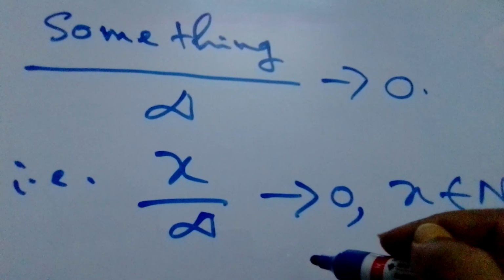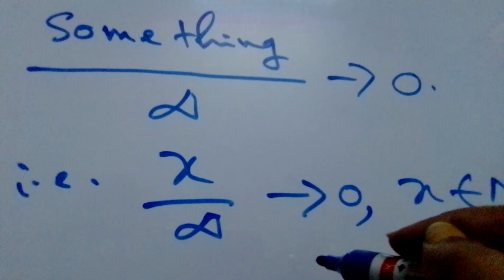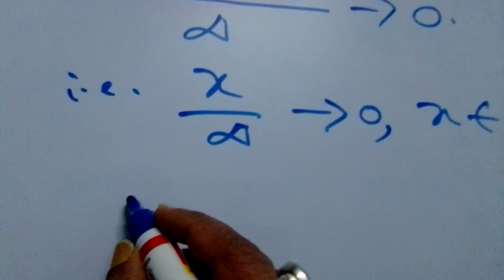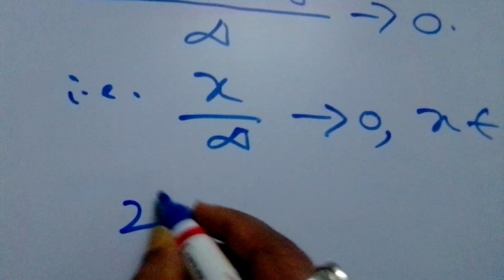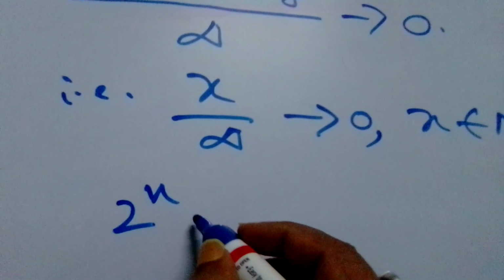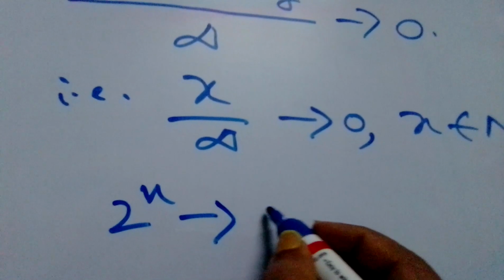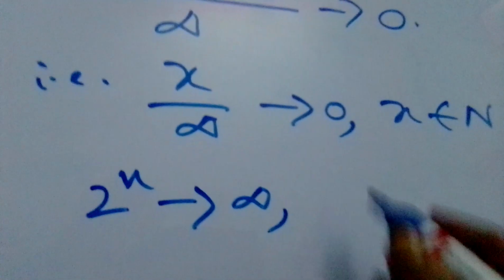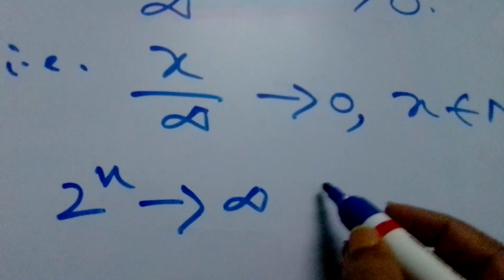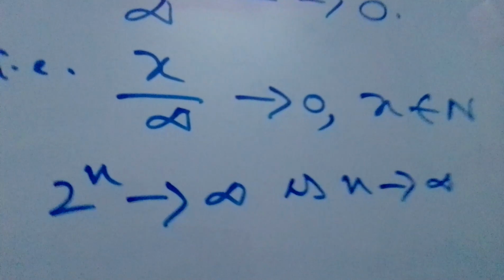And we discussed today the idea of the power relationship of infinity, and in a nutshell, any power, 2 to the power n or 3 to the power n or n to the power n, whatever the number is, 4 to the power n, tends to infinity as n tends to infinity.